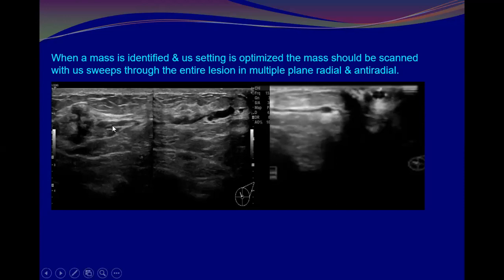Can I measure this duct? Could I use this image for measurement?